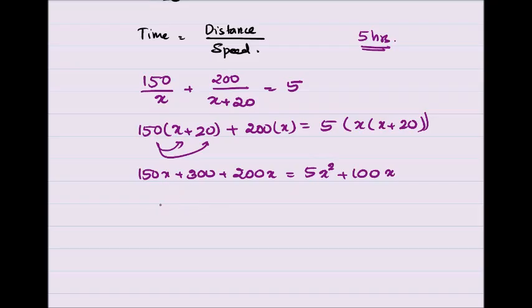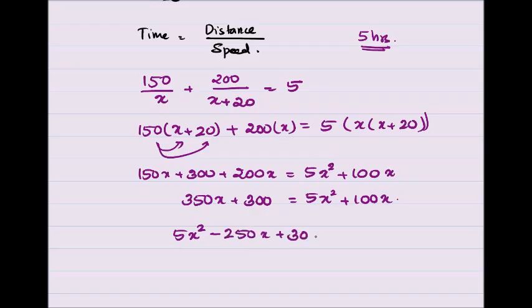on the left side it's 350x plus 300 is equal to 5x square plus 100x, that is 5x square minus 250x plus 300 is equal to 0.